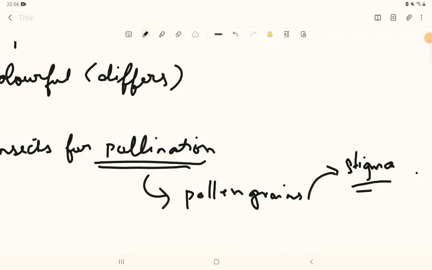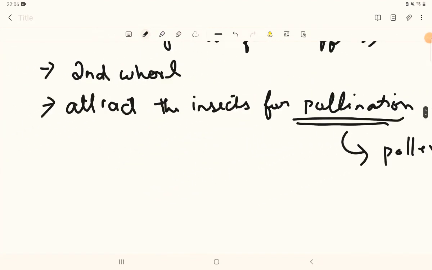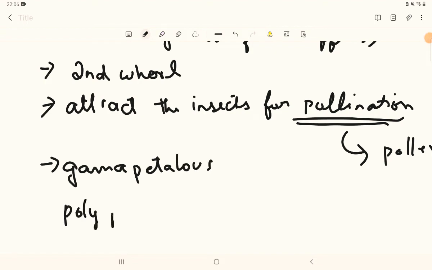Corolla is also of two types, like calyx, that is gamopetalous and polypetalous.